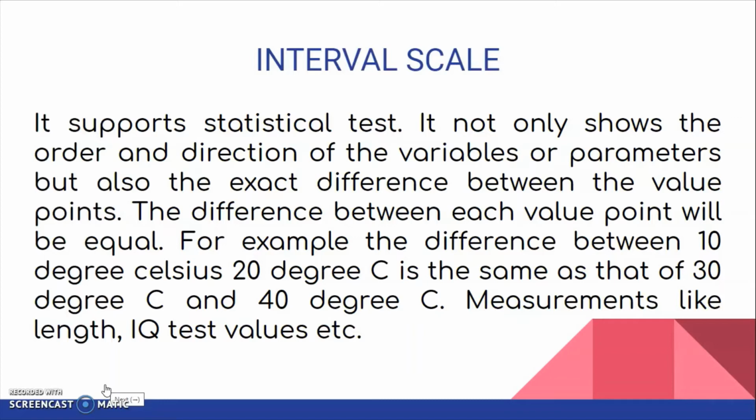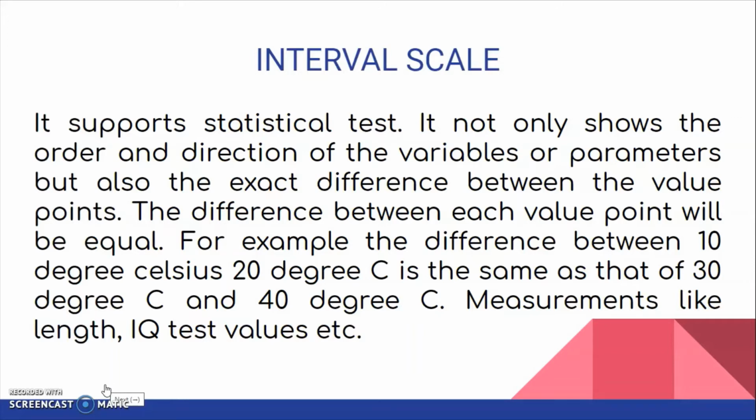We can't find the exact difference, and we can't say that each has exact point values in between. But here in the interval scale, the exact difference between the value points can be calculated, and it will be exact.